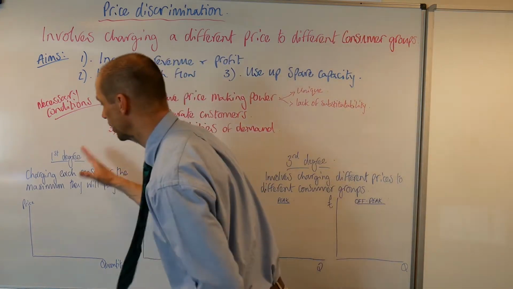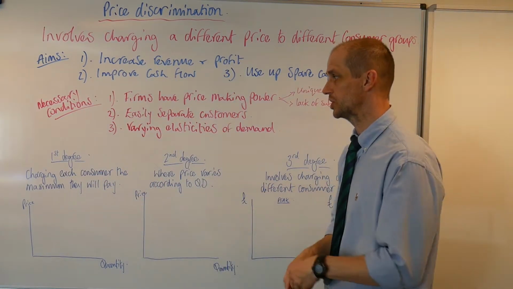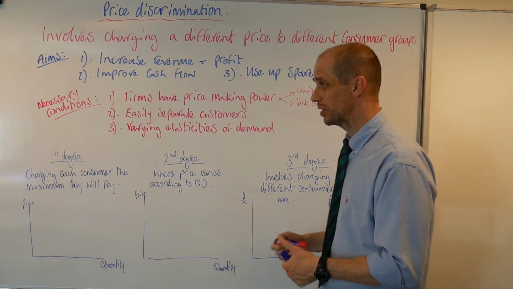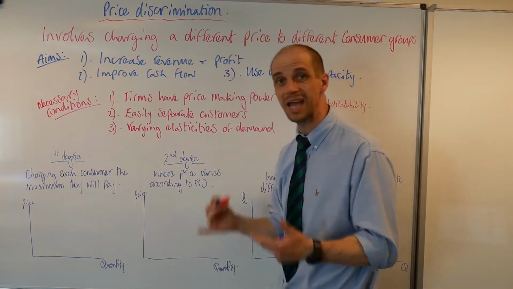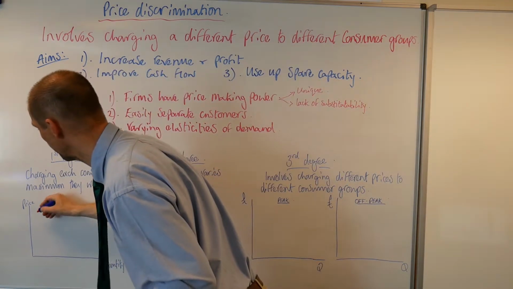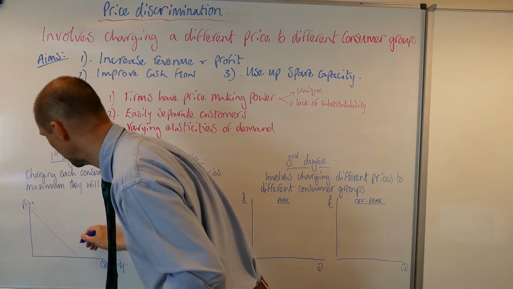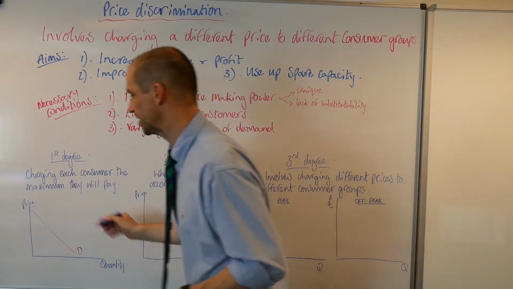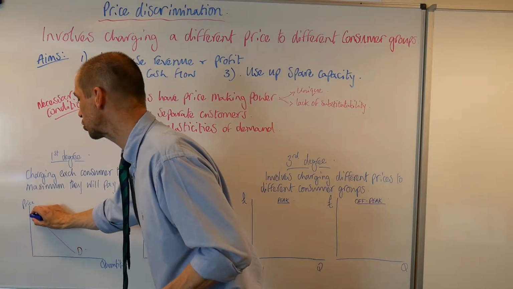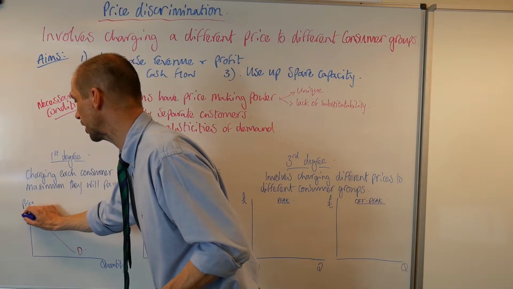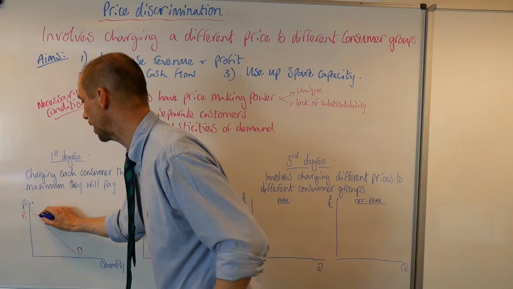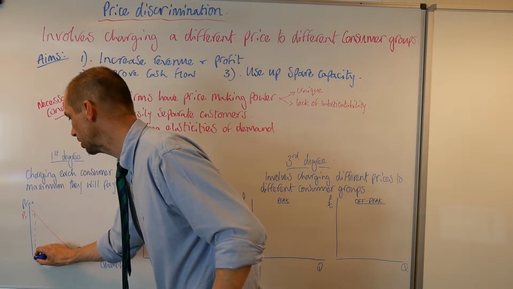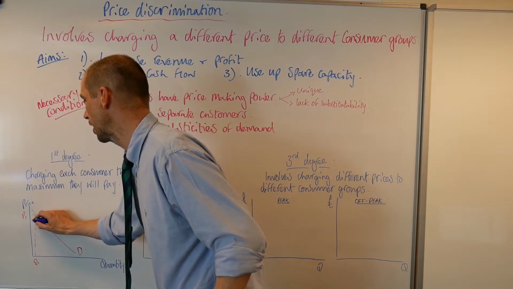When it comes to first degree price discrimination, this is about charging each consumer the maximum they will pay. It's not easily done. Here you've got a market-based demand curve, and you are trying to identify a given consumer who would pay price P1 and only receive Q1.